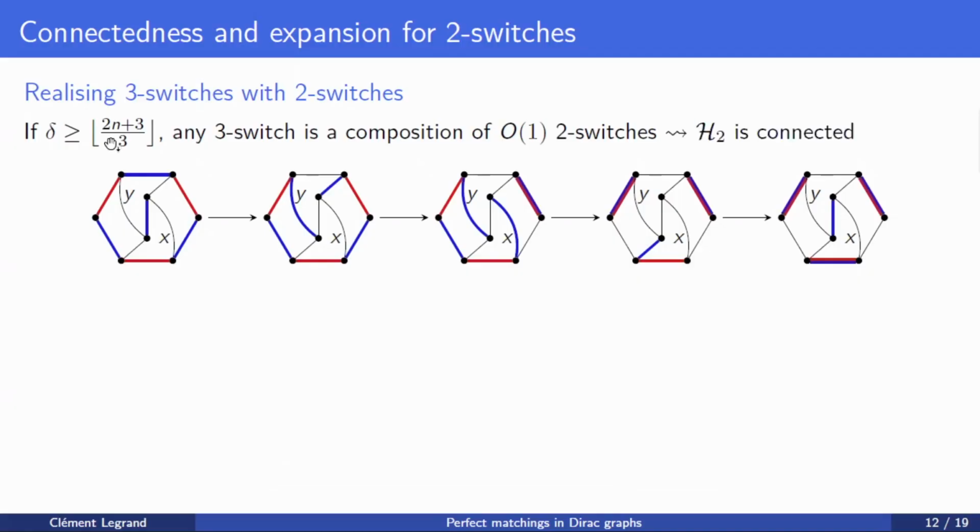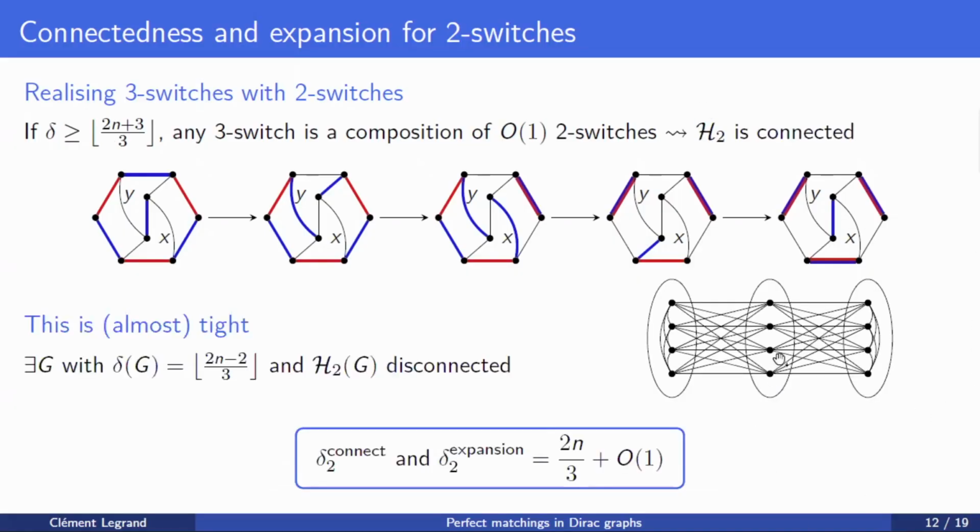And there's a good reason for that, because if we take the same example as what we had before, but with 3 parts, the same arguments give us that with this number of neighbors, you can have a disconnected graph. So when k is equal to 2, the connectedness and expansion things are happening at around 2/3 rather than n/2.